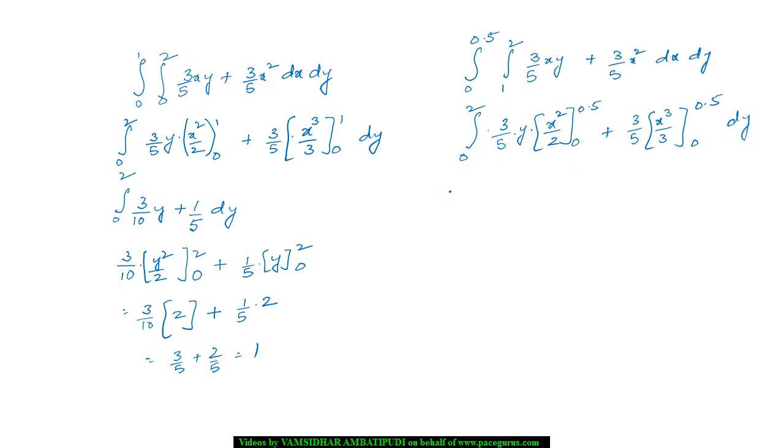So I'll be getting 0 to 2, 3/5 y into x², 0.5 squared.